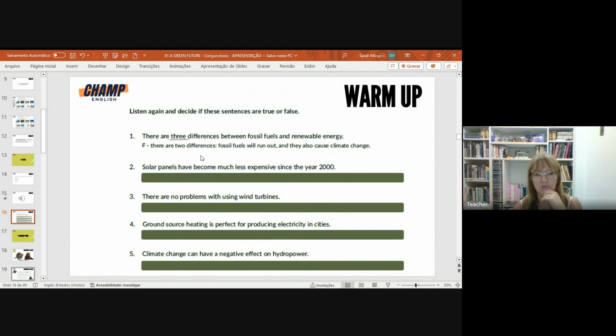It's false. Not three, but two differences. So, number two, solar panels have become much less expensive since the year 2000. Is that true or false? What do you think? Yeah, it is true. I think 80%. Yeah, 80% cheaper.